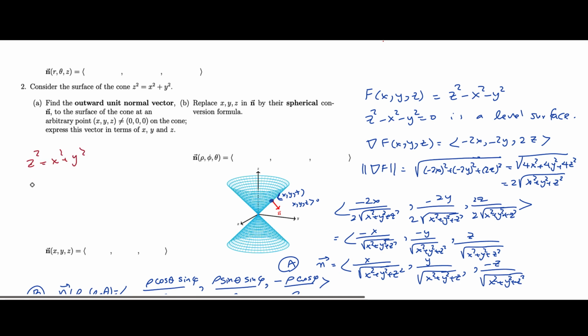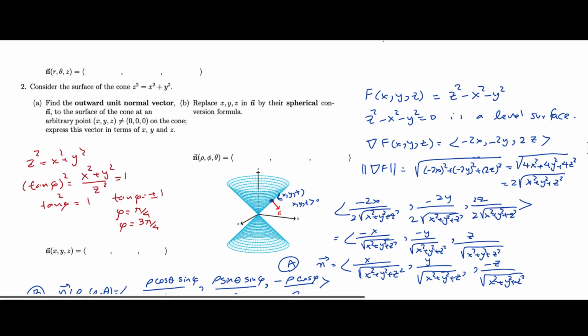I know that tan of phi to the power 2 is equal to x squared plus y squared over z squared. So tan squared of phi is equal to 1. Tan of phi equals plus or minus 1. So phi is either pi over 4 for the upper nappe, and phi is equal to 3 pi over 4 for the lower nappe. Remember, you cannot put in negative pi over 4, and you have to put in 3 pi over 4.